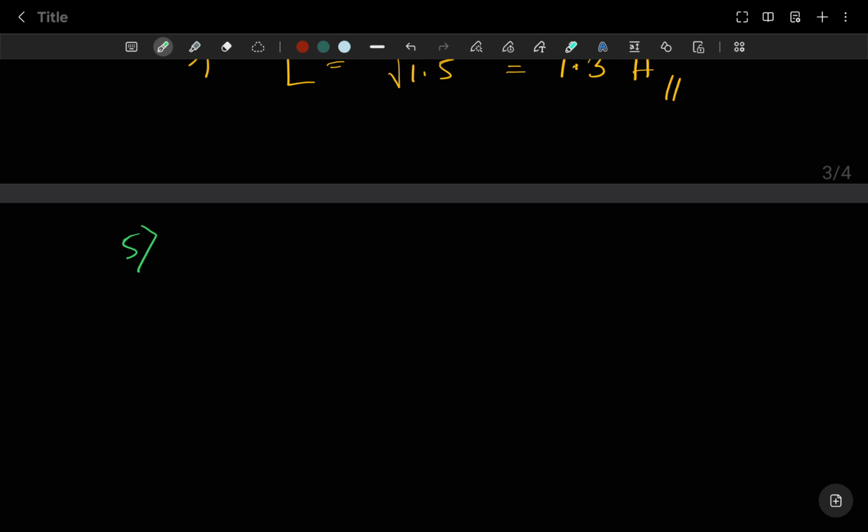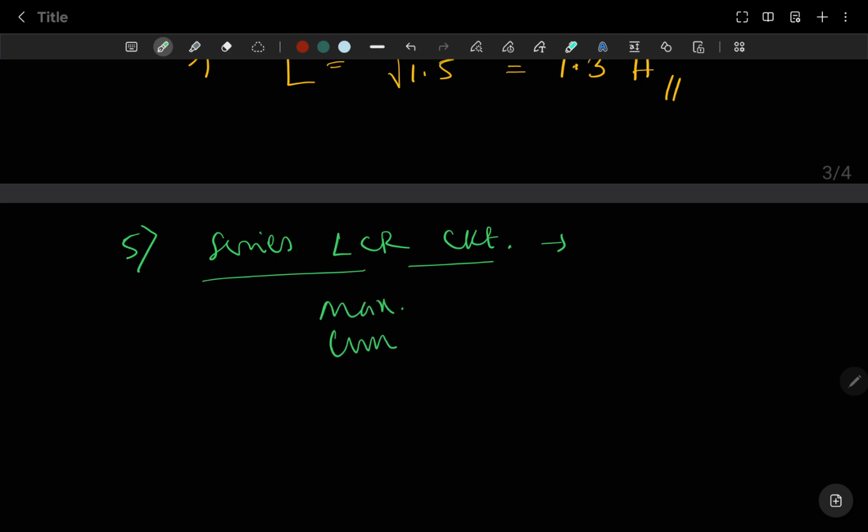When frequency of the source is varied, a maximum RMS current of 6 ampere is observed. So this is a series LCR circuit, right? In series LCR circuit, maximum current occurs at resonance.